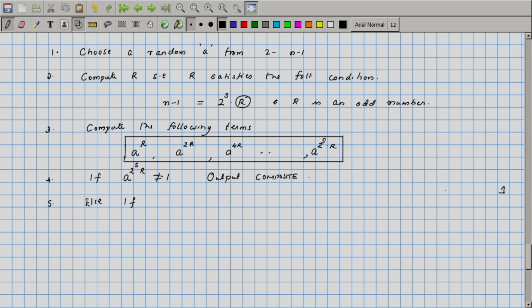Maybe there are ones before that, but there is a last position at which a number which is not 1, when squared, gave you 1. Look at that position. Let us call that position t.